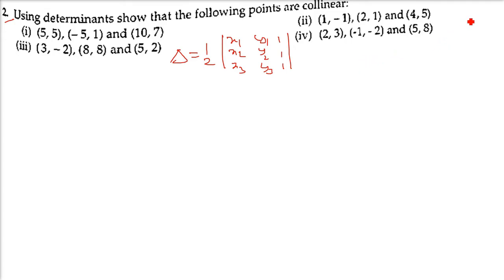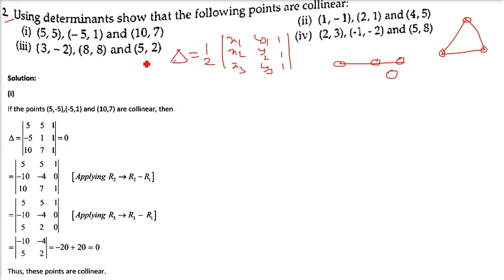Now when you take a triangle, these vertices are not in the same line. That is why we have an area. But if these three points are in the same line, then the area of the triangle is 0. So we'll take these three points and try to find out the area.